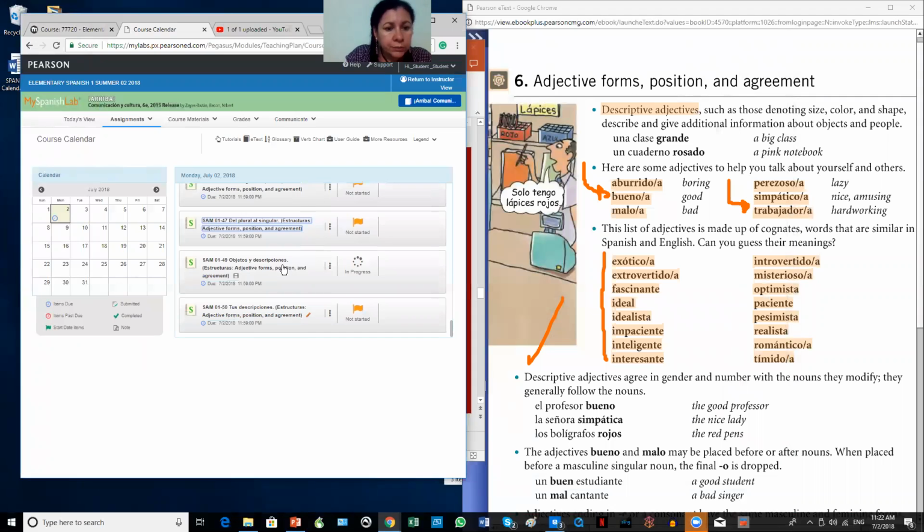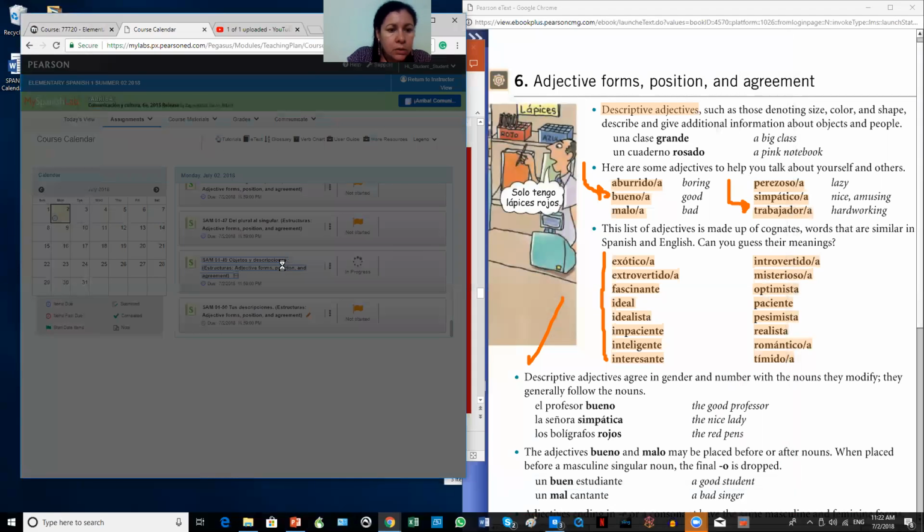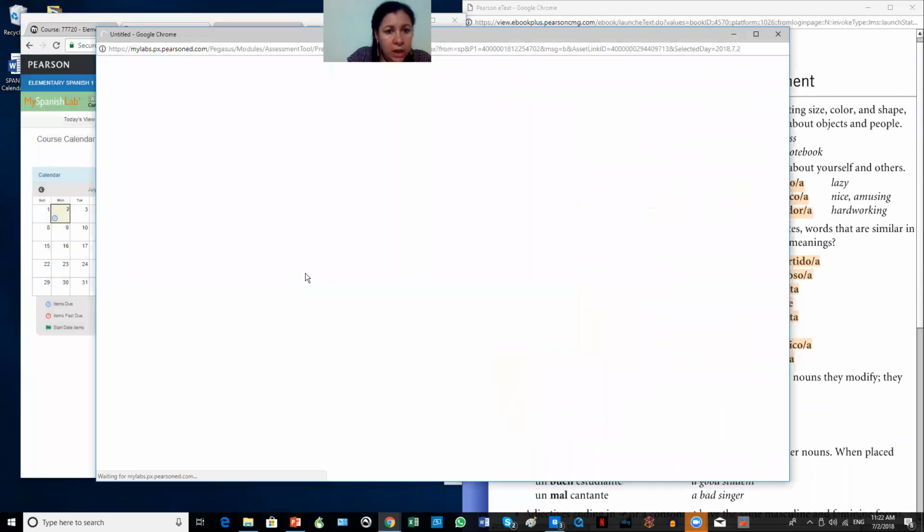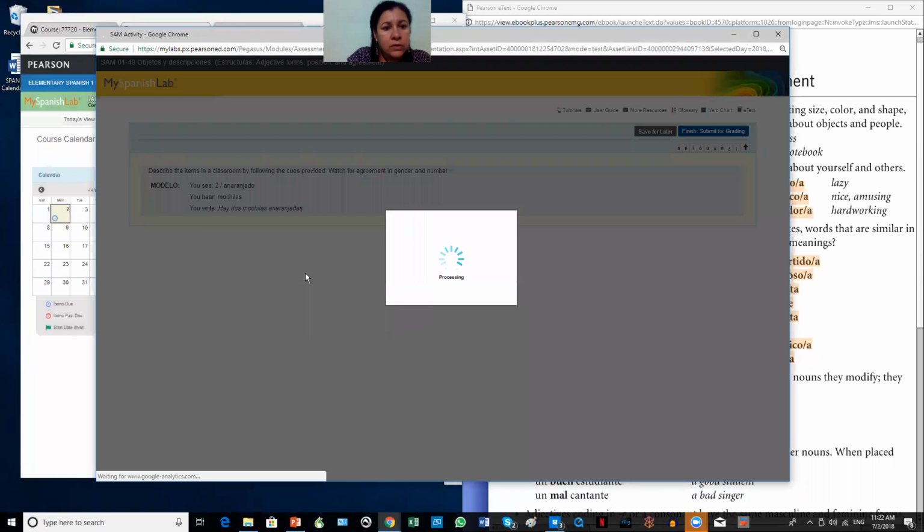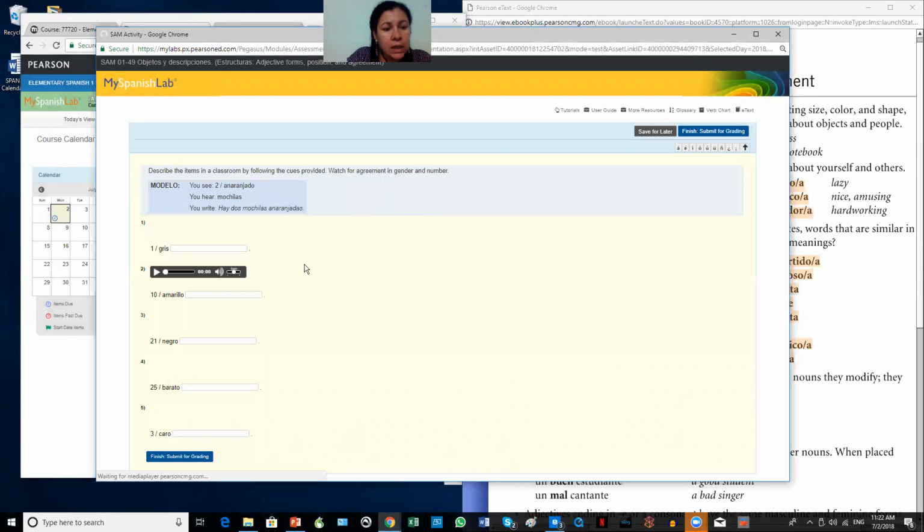In the third one, you guys are gonna describe. And to describe, you're gonna be listening to what is said there, see? So describe the items in a classroom by following the cues provided. Careful with the agreement. Puerta. Puerta, okay?